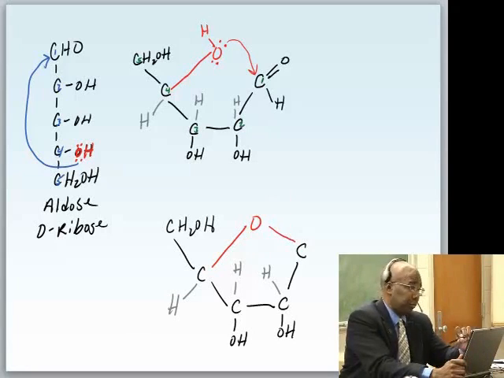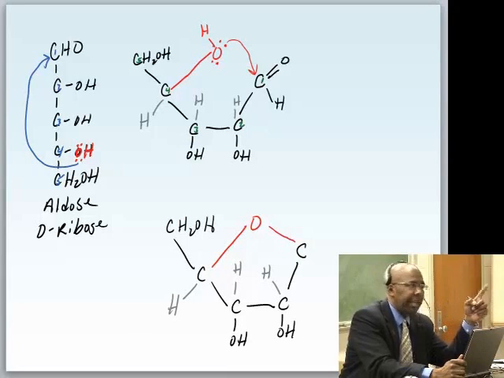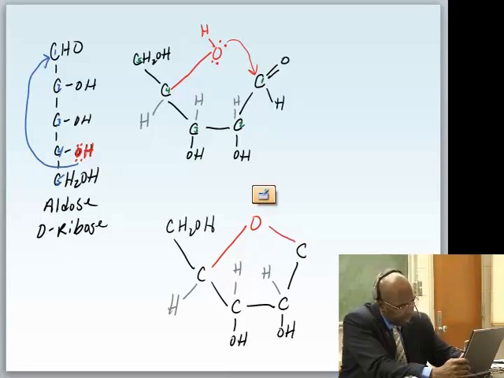Up. Which is greater, 1 or 2? 2 is greater. Which is greater, A or B? B is greater. Which is greater, alpha or beta? Beta. So beta has to go up. Beta is on top because it's greater. So here the OH is going to go up, and then down we're going to have our H.